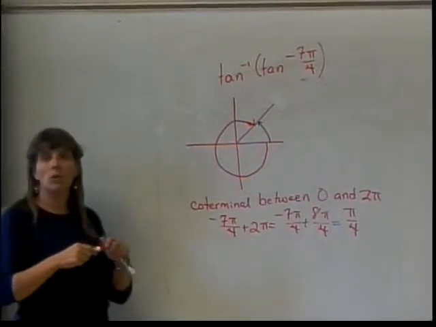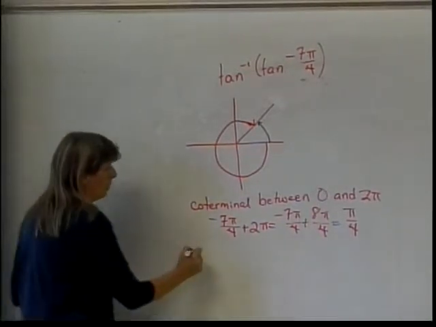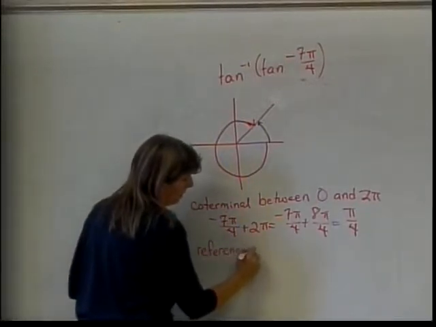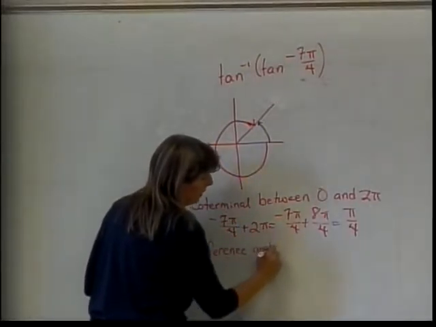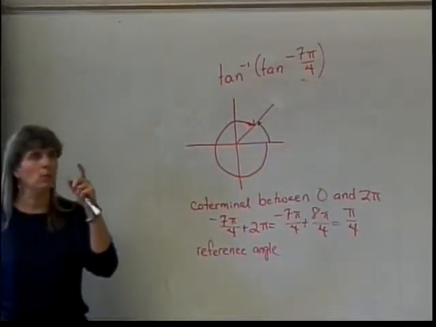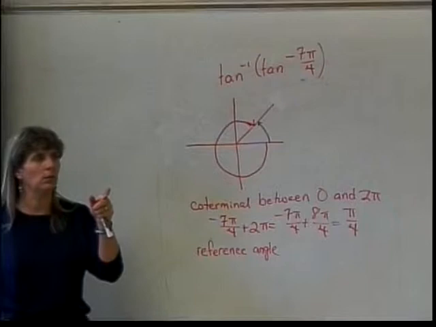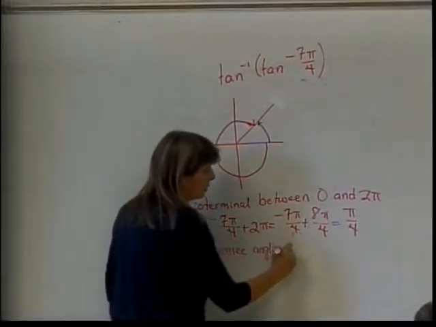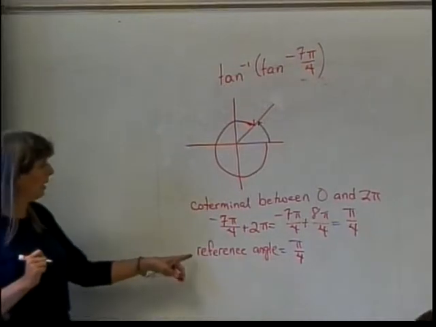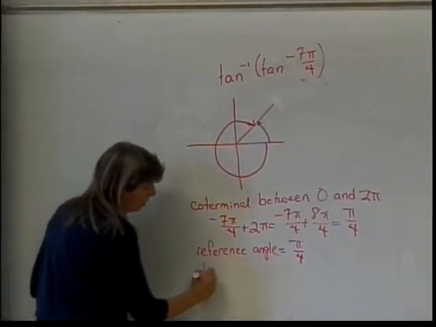Now, in order to tell me what the tangent is, I need to know my reference angle. What quadrant is my pi over 4 in? Quadrant 1, and in quadrant 1, what do I do to find the reference angle? Nothing. It's just pi over 4. All right, that's easy enough. So now I can look at my tangent of pi over 4.